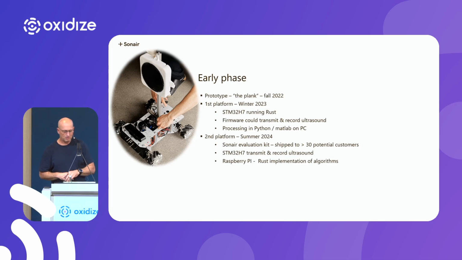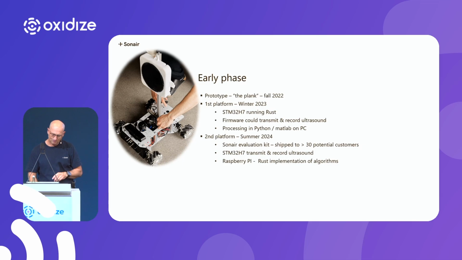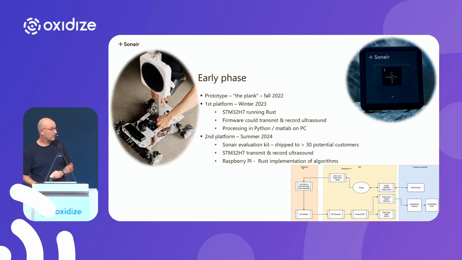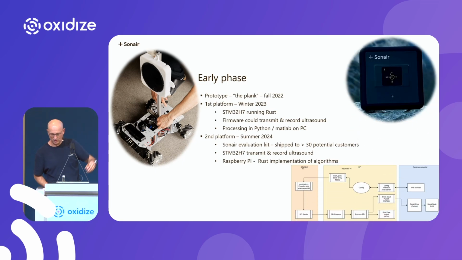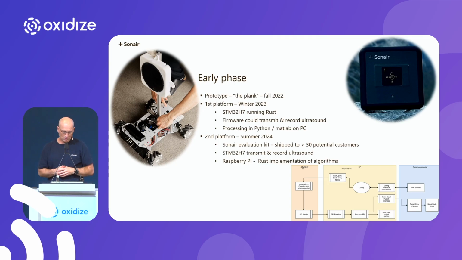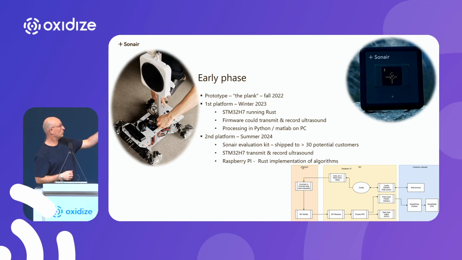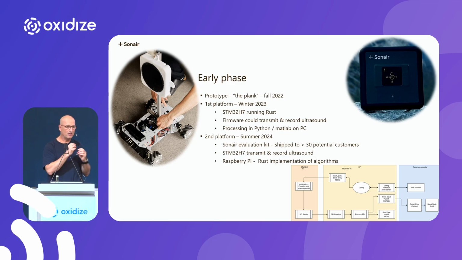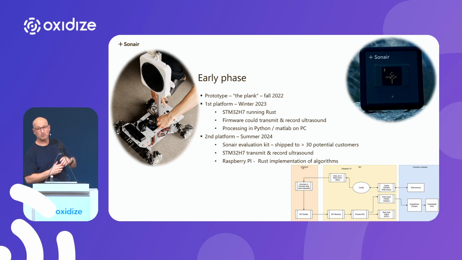Processing was done in Python and MATLAB on the PC. And then we created the evaluation kit, which is here, which we shipped out to a number of customers. And here we moved the processing inside the chip. We still cheated. Still got the H7 doing the transmission of the sound and the digitization. But this is actually a Raspberry Pi running Linux.